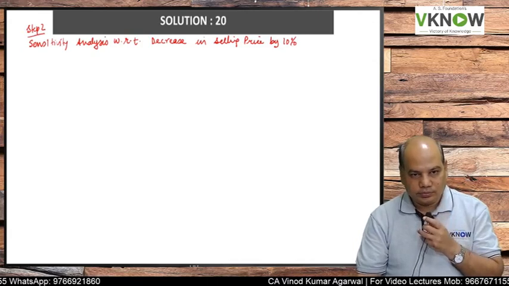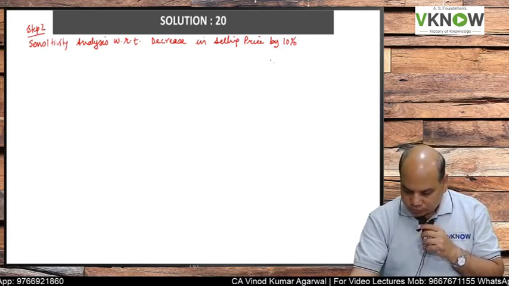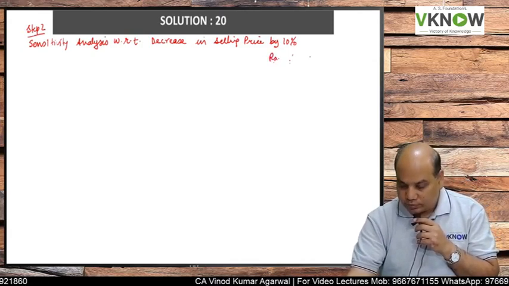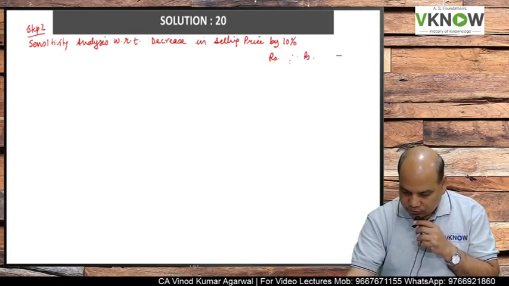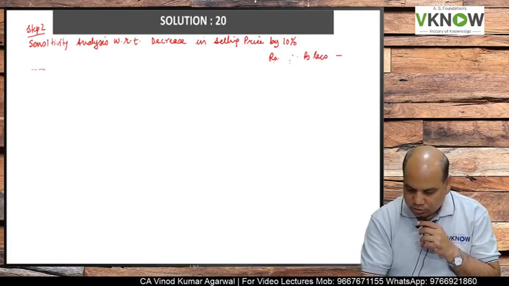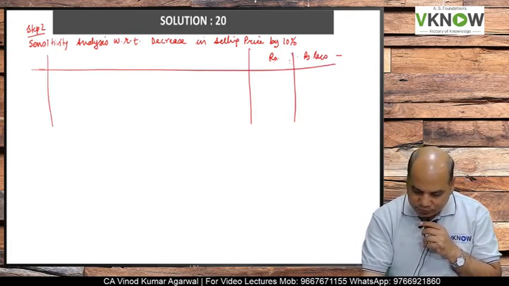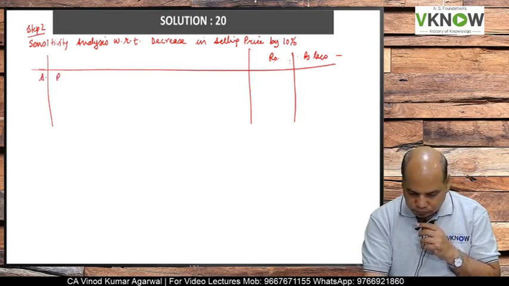Is it right? On the right hand side, write down rupees in lakhs. I'll just make your calculation a little simpler. Okay. So first you write down reduced selling price.